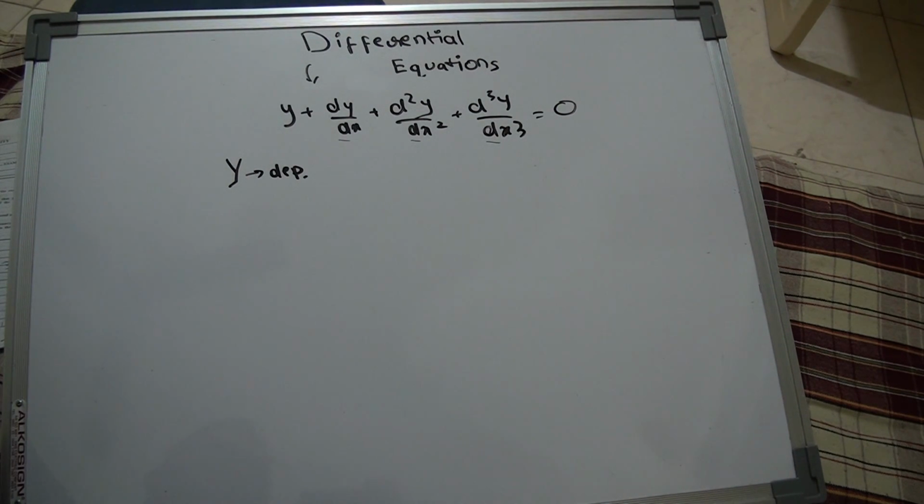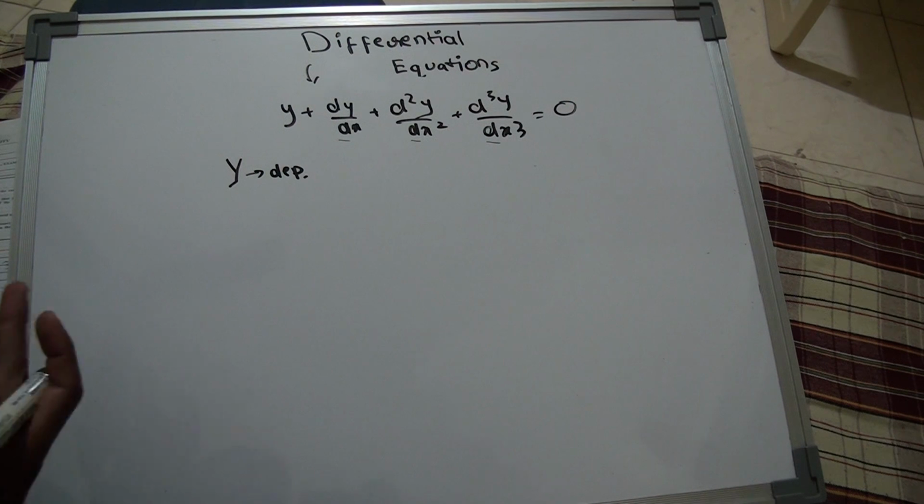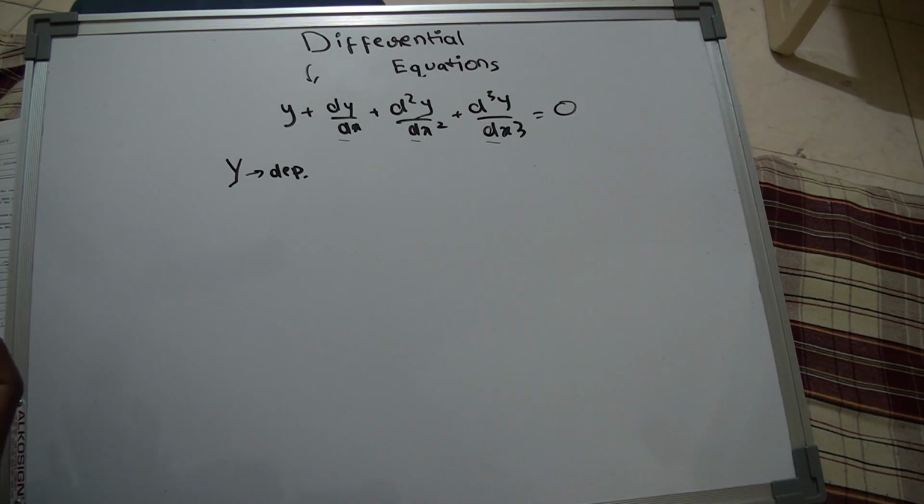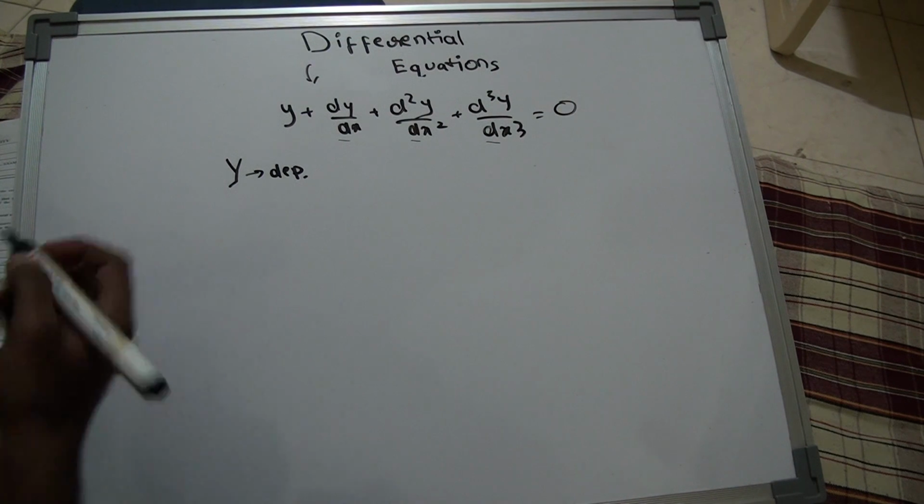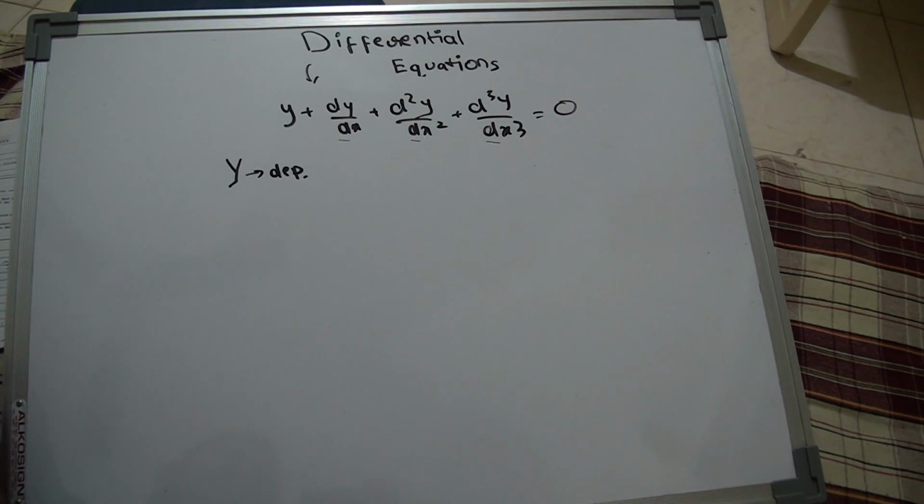It means that it cannot be defined or understood on its own. It needs the help of someone else. It's like it's standing on crutches, and if you take off its crutches, then the person will fall. In the same manner, if you strip it of its independent variable, then it loses a lot of its value. So in this way, y is a dependent variable.